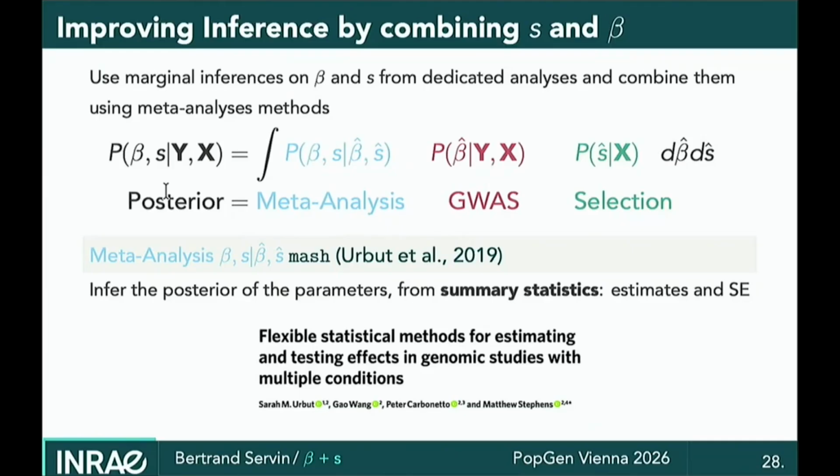And it's a method that's based on summary statistics, which is very nice because you can do your GWAS on one side, your selection coefficient estimation on the other side, and then you just bring your estimators into this method and you get the posterior for your parameters of interest.